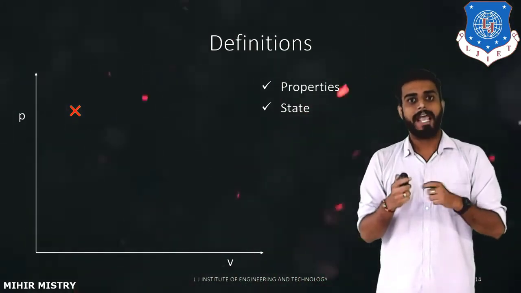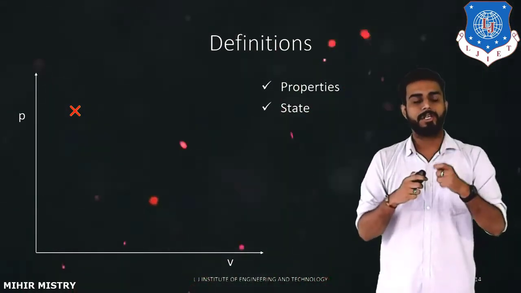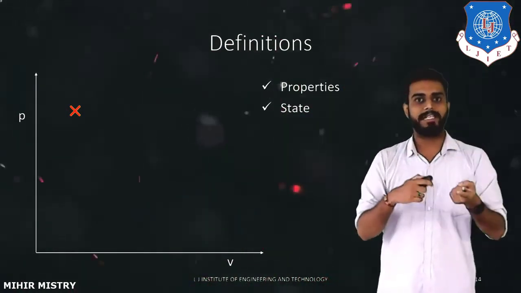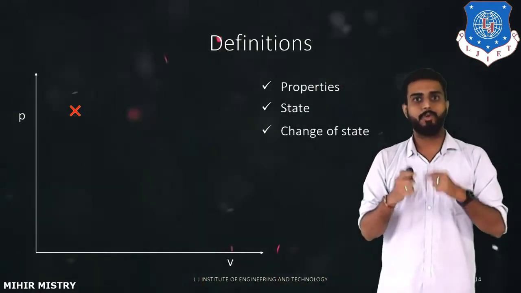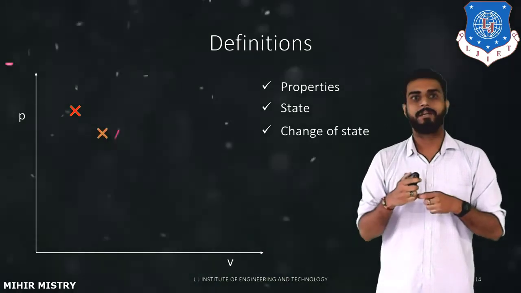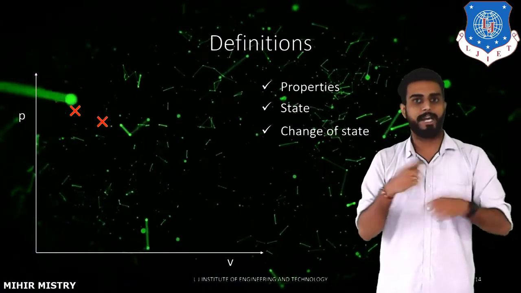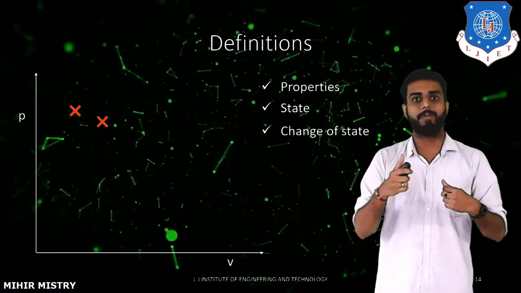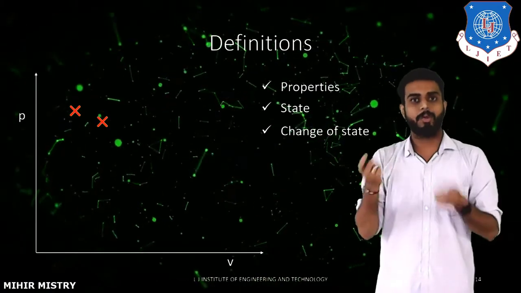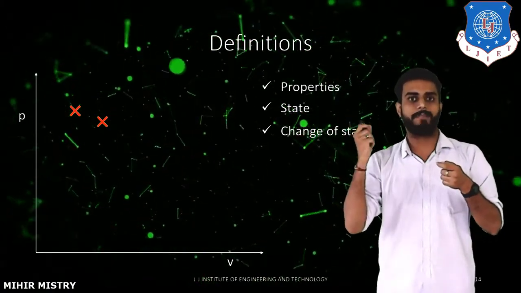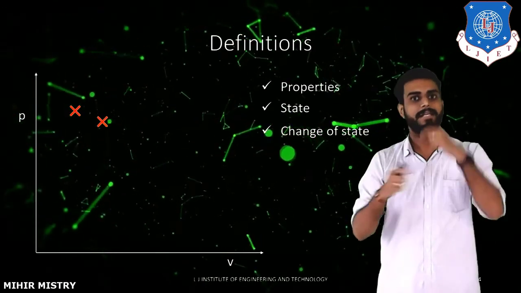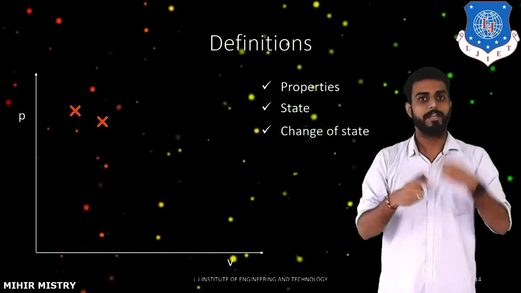Now, if any operation is done in which one or more properties get changed, then it will be known as change of state. If you are moving from this cross mark to this cross mark, then you can appreciate that pressure and volume both get changed. So both properties are changing. Moving from the first cross mark to the second cross mark is known as change of state.